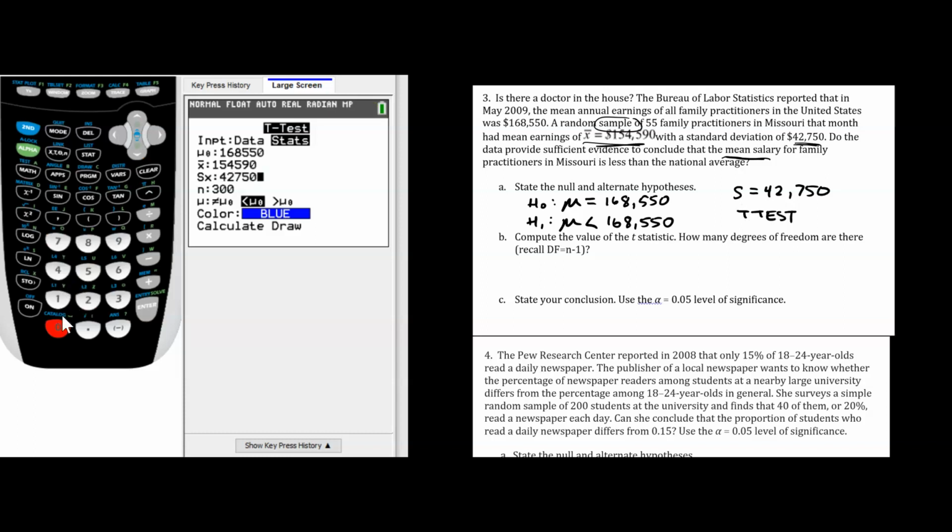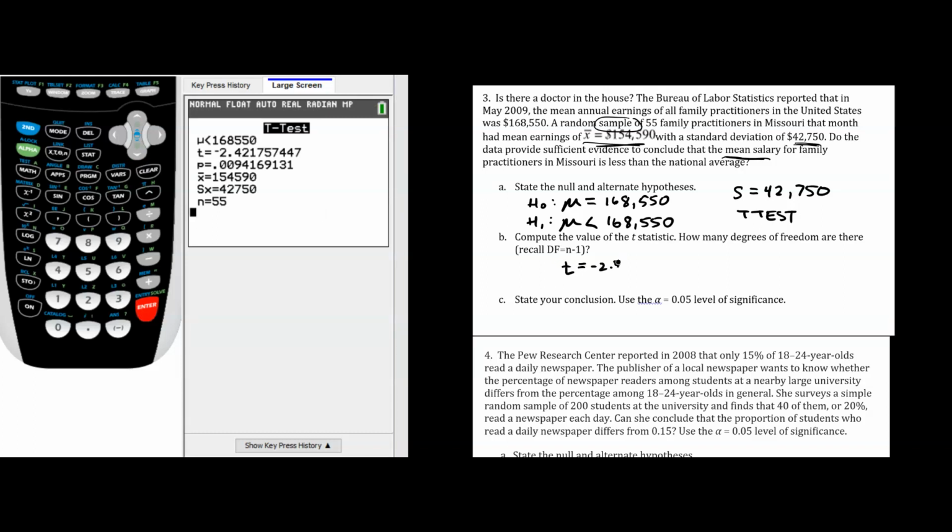And you should know, if you typically do not see the sigma symbol in the problem, and we don't see it here, then you're most likely going to be using t-test. Okay, and our sample size is 55. And so that is sufficiently large, it's greater than 30. So we calculate, and we can see that our test statistic t is negative 2.4218 if I'm going to 4 decimal places.